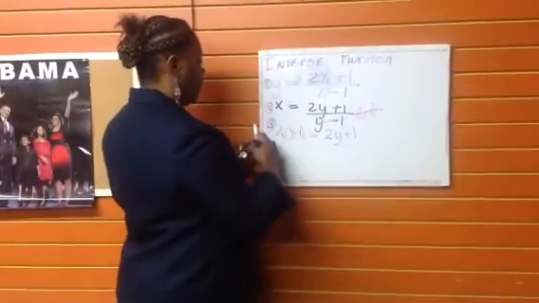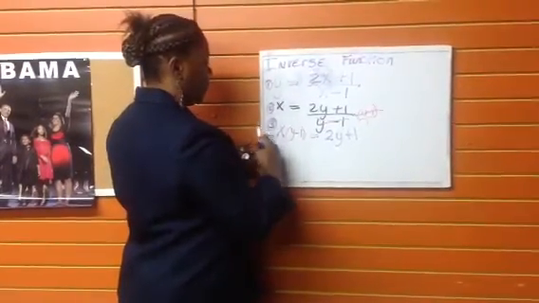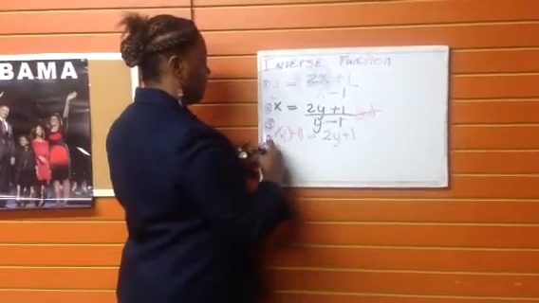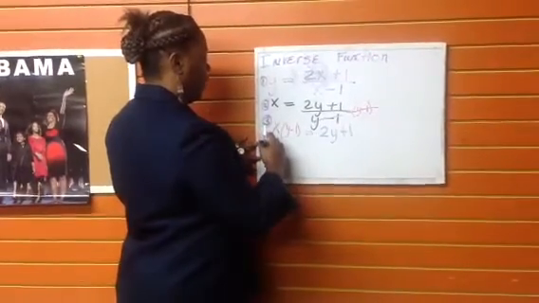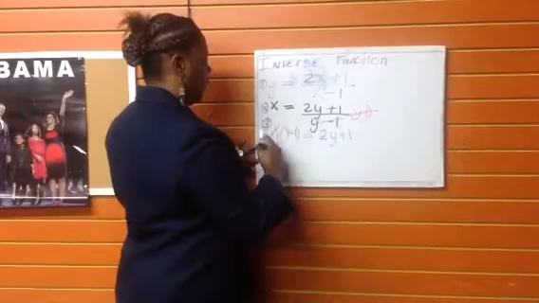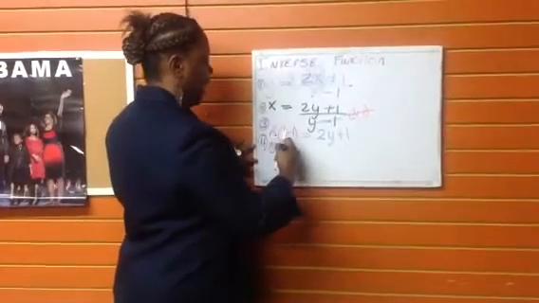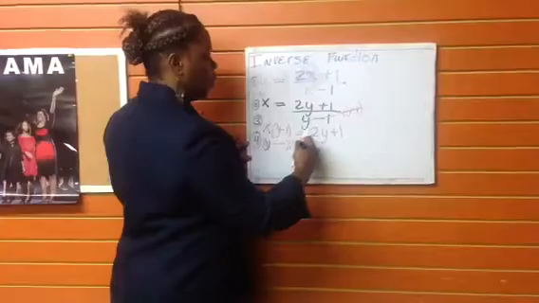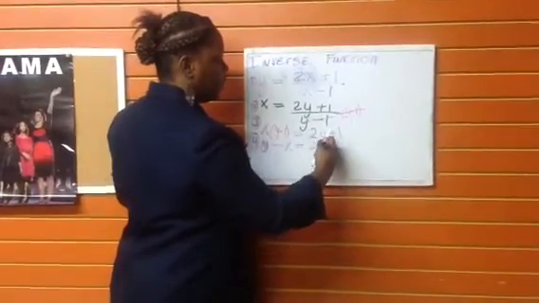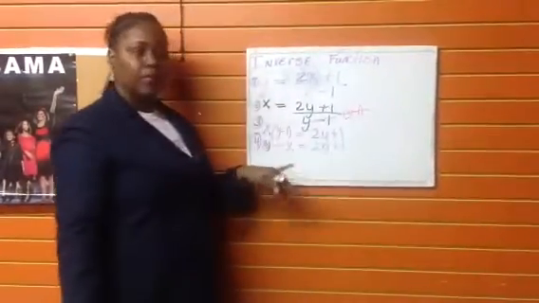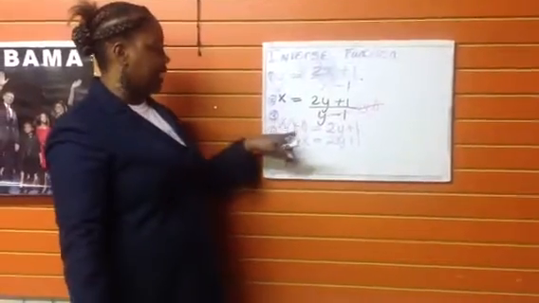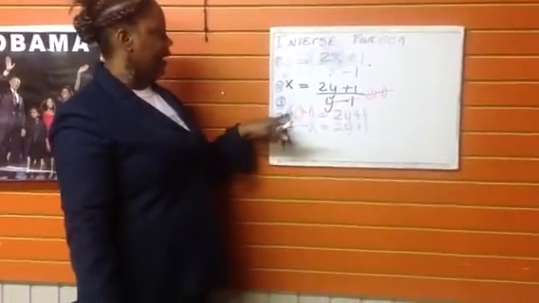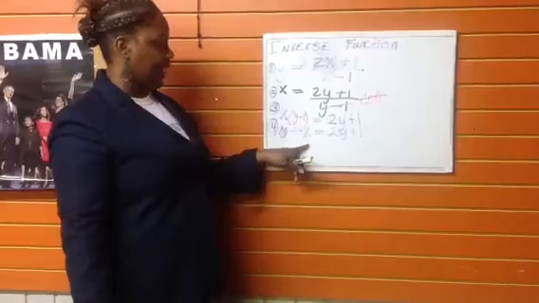So step 4, we will get xy minus x equals 2y plus 1. Notice I multiply x times y gives me xy, and x times a negative 1 gives me negative x.